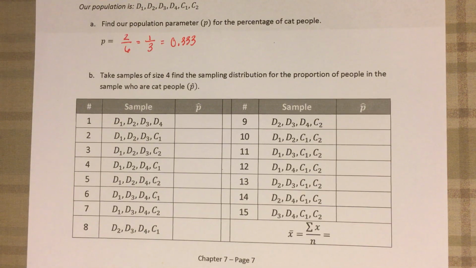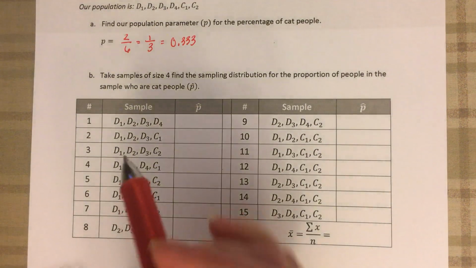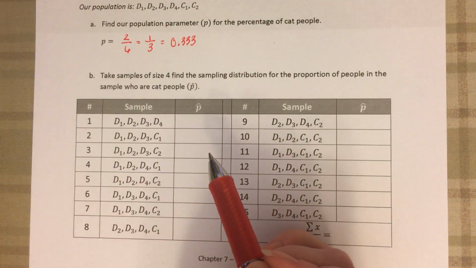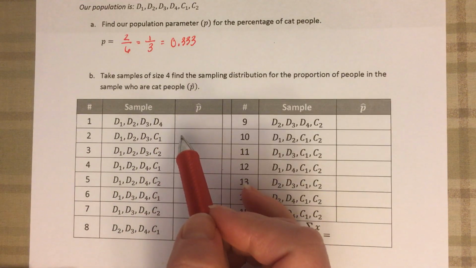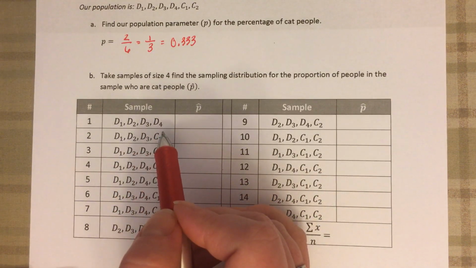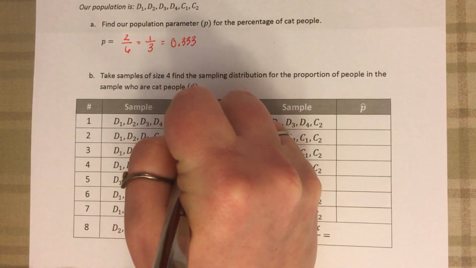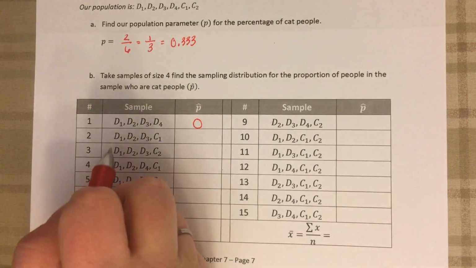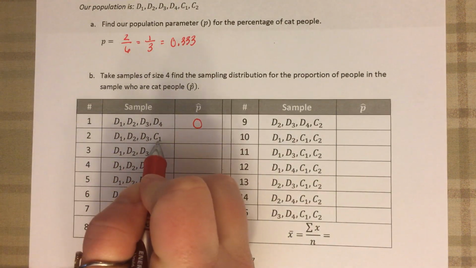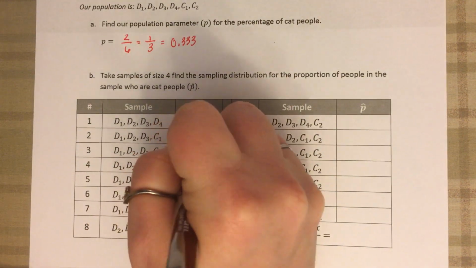So one possible sample that we could take is that we end up picking 4 dog people. In this case, we do not have any cat people, so our P hat would be 0. If we look at our next sample, we've taken 3 dog people and 1 cat person, so we get 0.25.